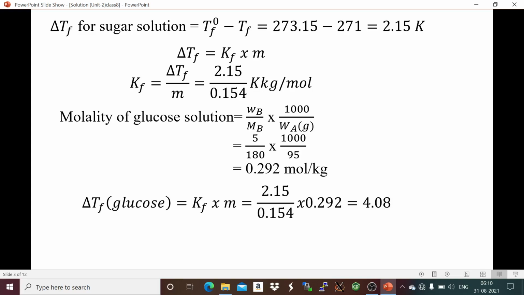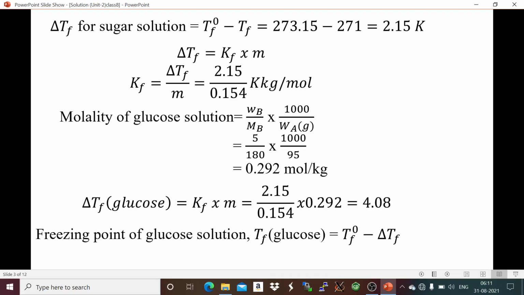Okay, so delta TF for glucose, what will it be? Delta TF for glucose is KF into M. Now KF value, it is given, KF value into 0.292, so it is 4.08. So delta TF value is 4.08.